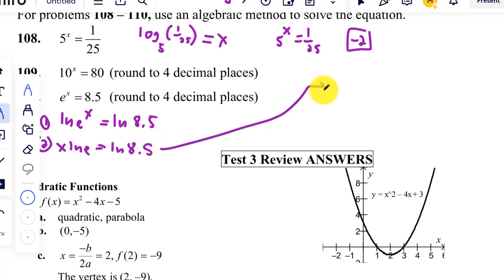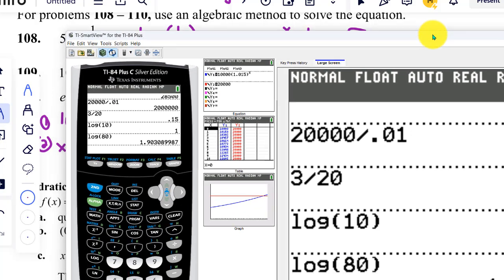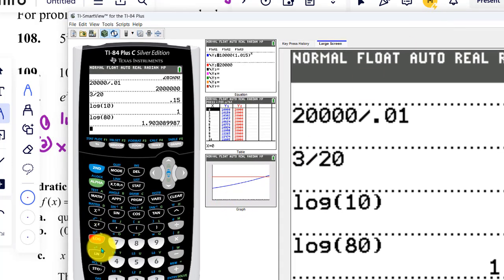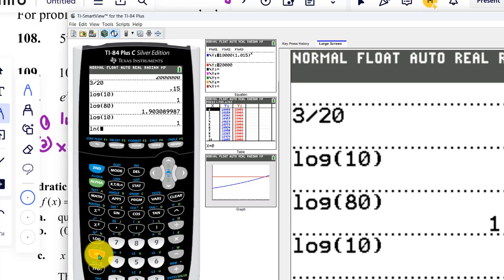And let's move this over here, right? Now you should know that ln e is equal to 1, right? Just like log 10 is equal to 1, right? Those are two special properties you want to have memorized, right? Again, log base 10 of 10 is 1, and natural log base e of e is also 1.